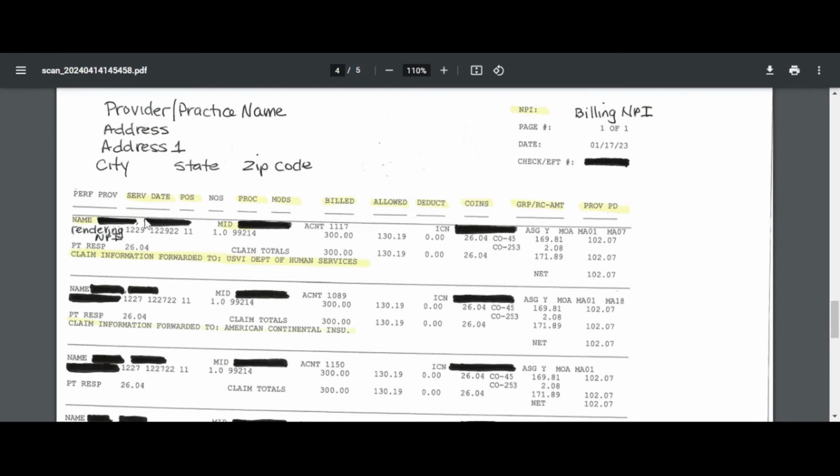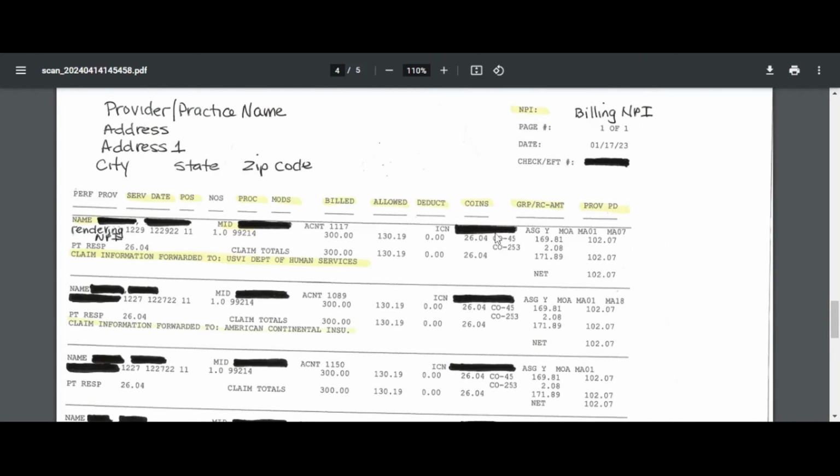You see the service date, which is 12/29 to 12/29/2022. The place of service 11. The procedure 99214. There's no modifier. The billed amount $300. Allowed amount $130.19. No deductible. The coinsurance is $26.04.